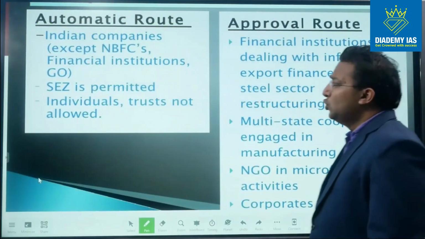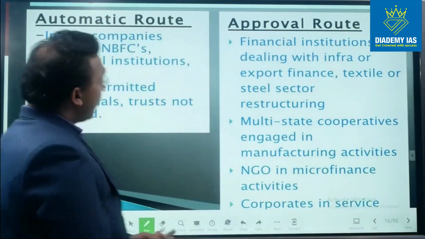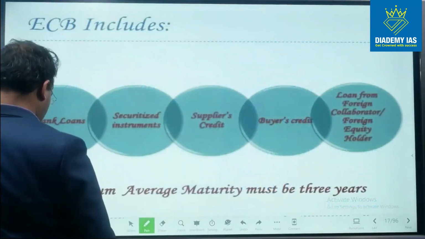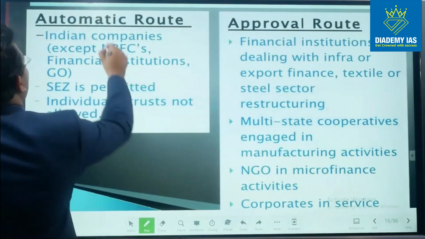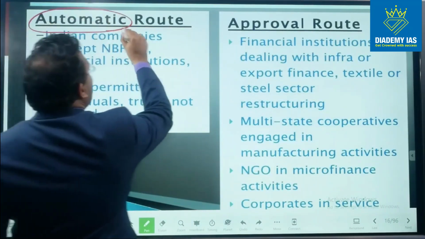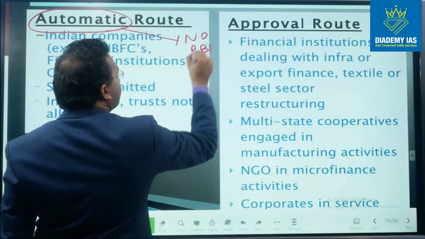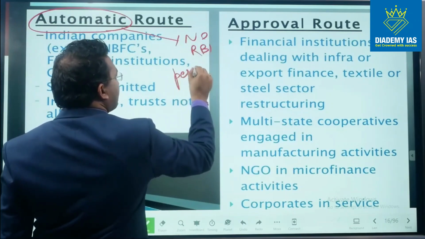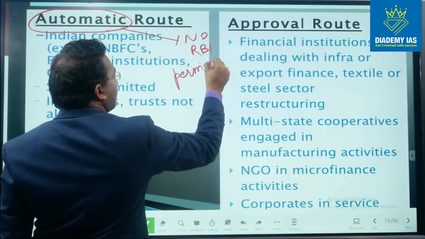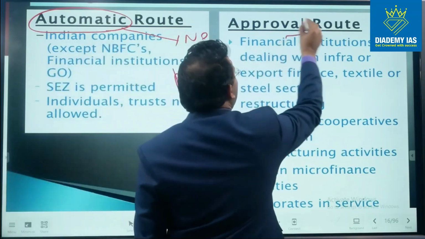Now there are two different routes. One is the automatic route. Automatic route means no RBI permission is required. Another is the approval route.